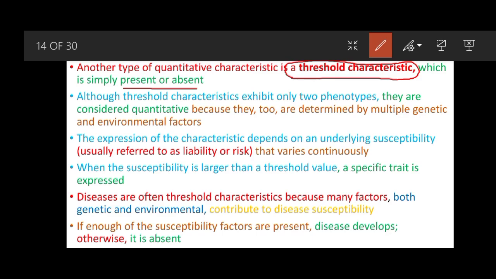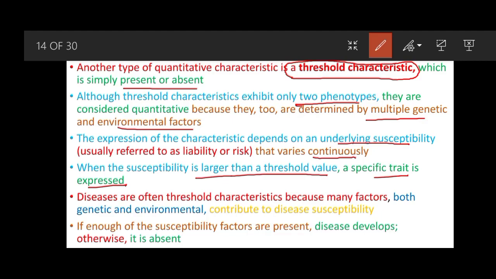But although threshold characteristics exhibit only two phenotypes, they are considered quantitative because they are also determined by multiple genetic and environmental factors. The expression of the characteristic depends on an underlying susceptibility that varies continuously. When the susceptibility is larger than the threshold value, the specific trait is expressed.